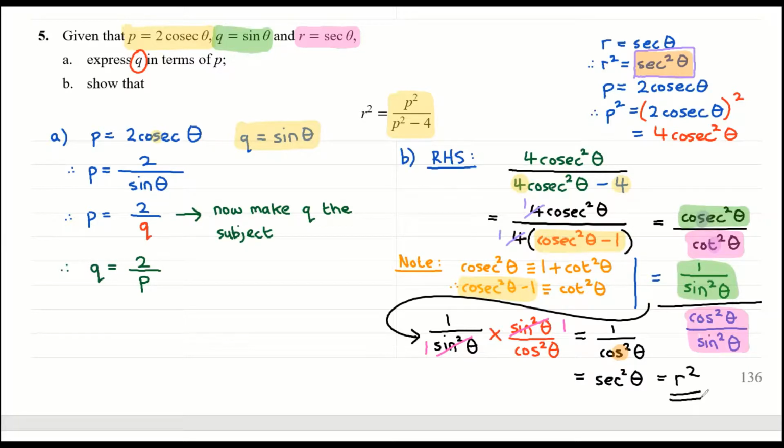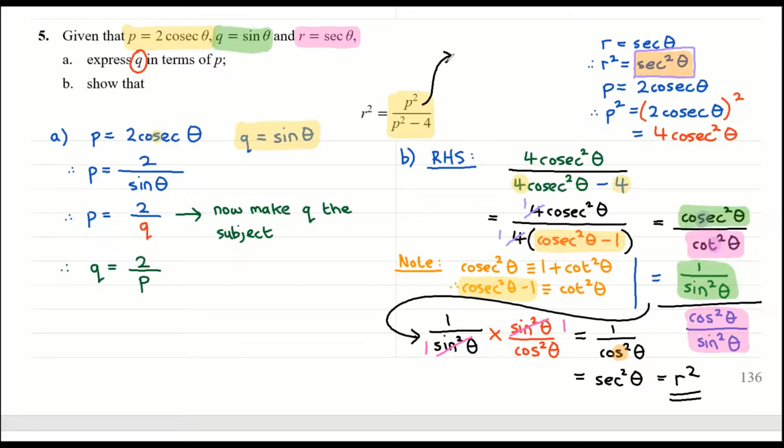Now, there's more than one way of attempting that question. If we go back to the original, you could actually write everything in terms of sine and cosine from the outset. So P is, of course, 2 over sine theta. That's the basic building block.